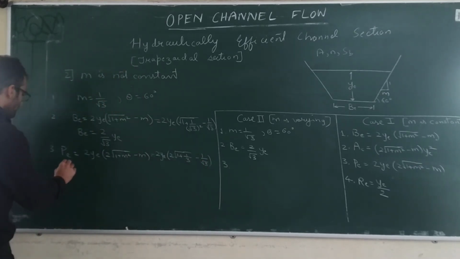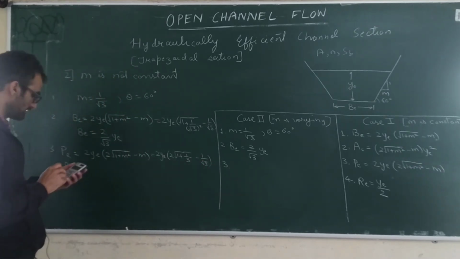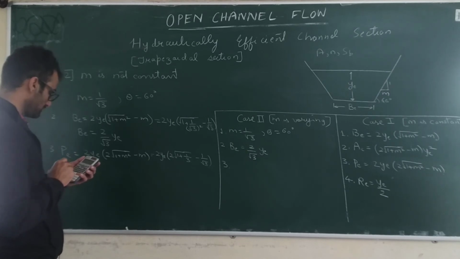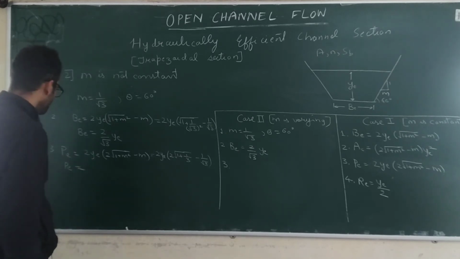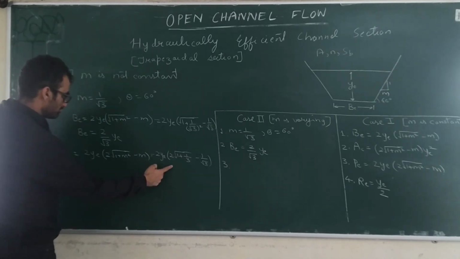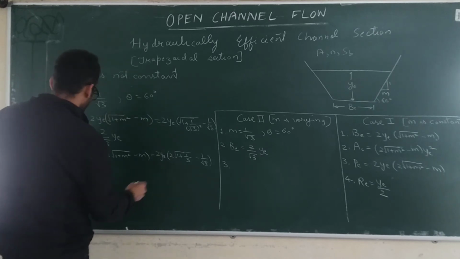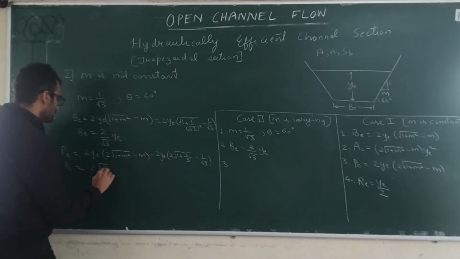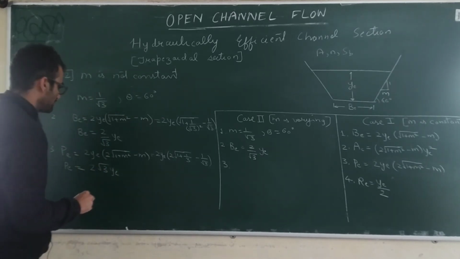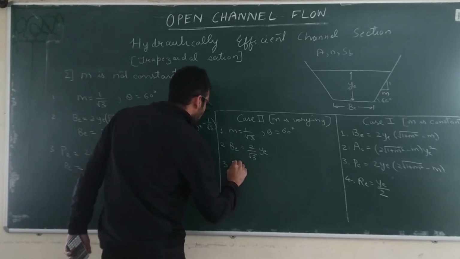Let's calculate: 2 into 1 plus 1 by 3 minus 1 by root 3. So it will be root 3, giving 2 root 3 ye. This is your expression for perimeter.